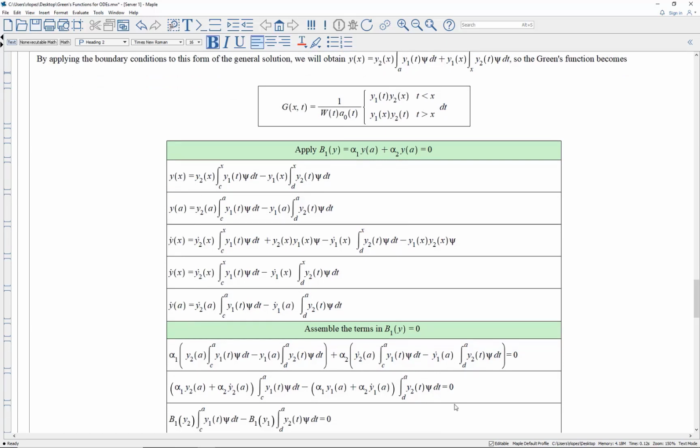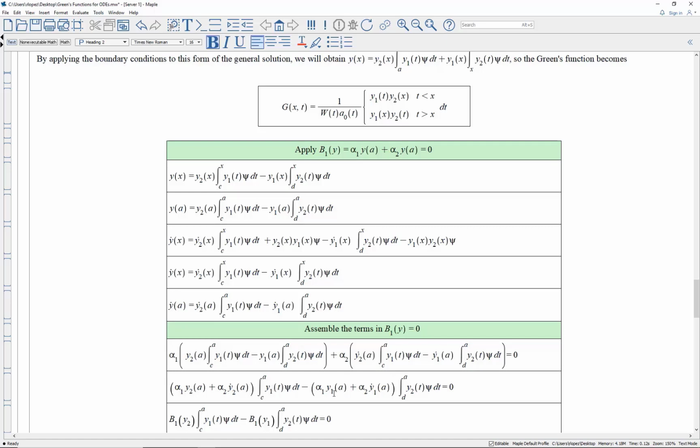Okay. So, B1 applied to y2 is what this is. Because this is B1, the left-hand endpoint, alpha 1, alpha 2. So that's applied to y2. So this is B1 applied to y2 times this integral.